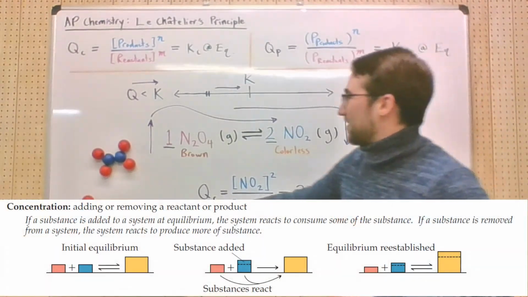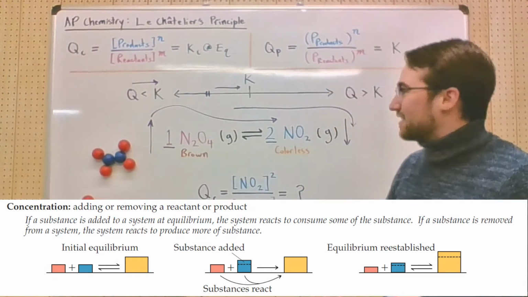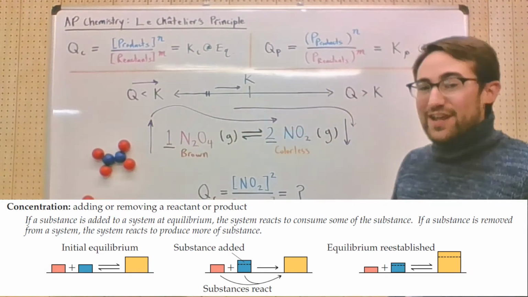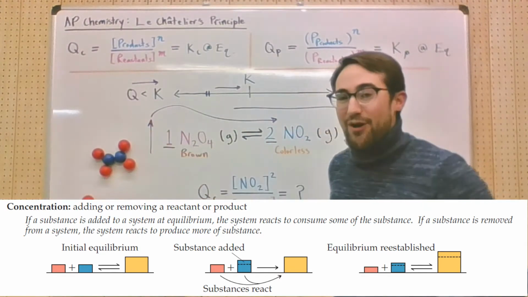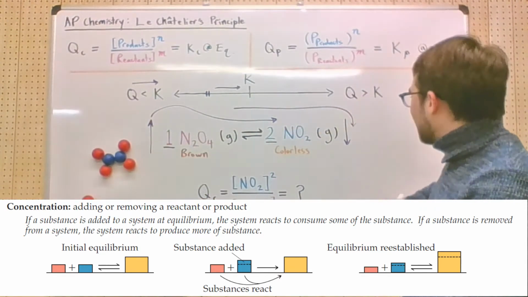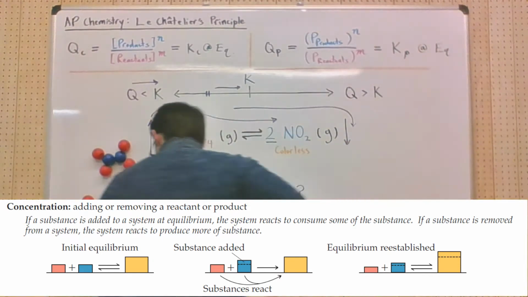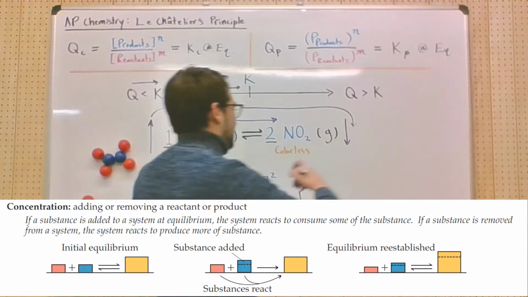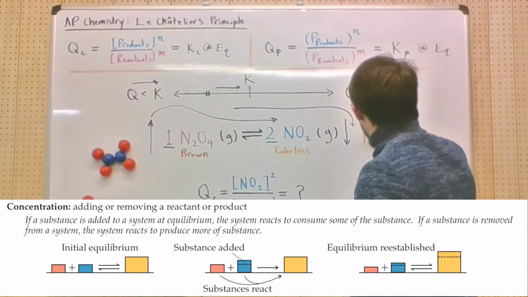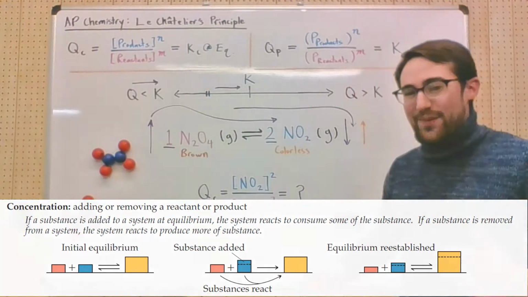Okay? So if we increase the concentration of a reactant, we're going to use it up. If we increase the concentration of a product, we're going to use it up and go in the reverse direction. So let's say, let me change colors. Let's do orange. So let's say I increase how much of my product is here.